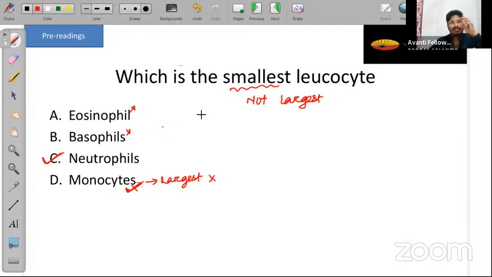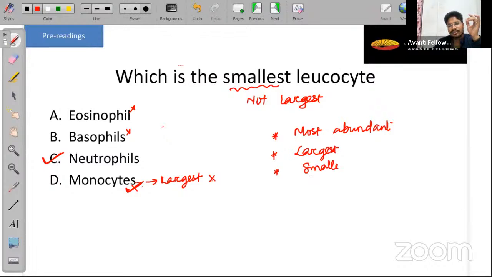Remember this one, it's a minor question. Three things: first, the most abundant leukocyte; second, the largest leukocyte; and third, the smallest leukocyte.